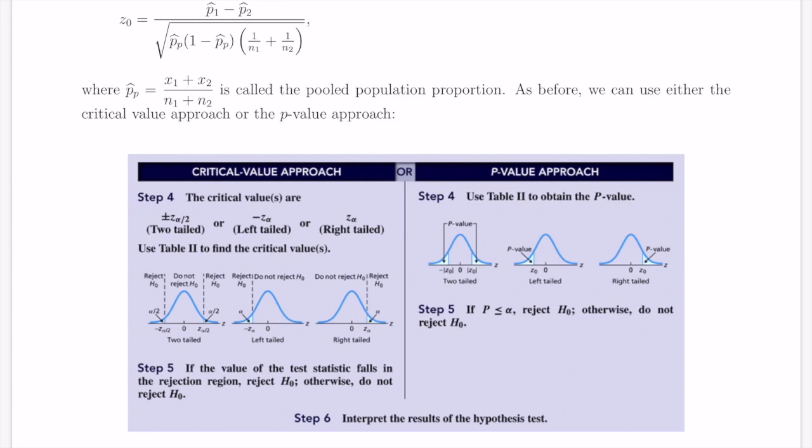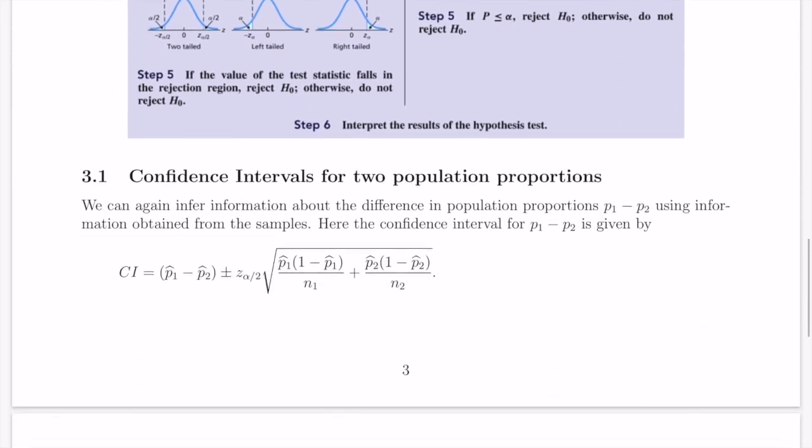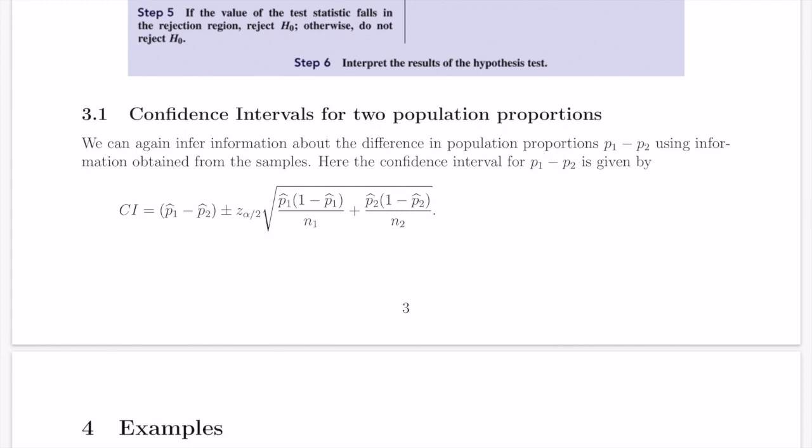One more thing to talk about here is confidence intervals for two population proportions. Here we have a formula for how to find a confidence interval given a significance level alpha, so your confidence level is 1 minus alpha. And it turns out that this is the quantity that you'll use to get a confidence interval for the difference in the two population proportions.